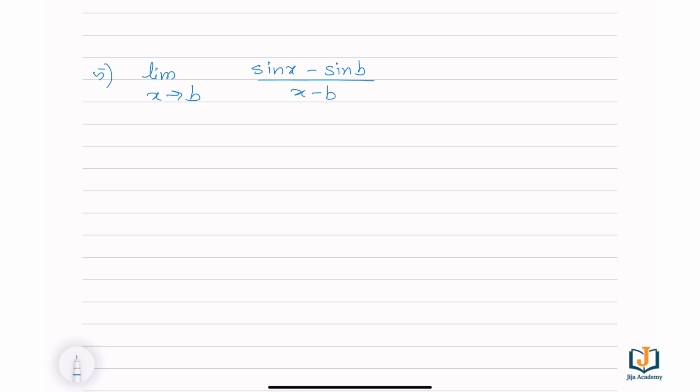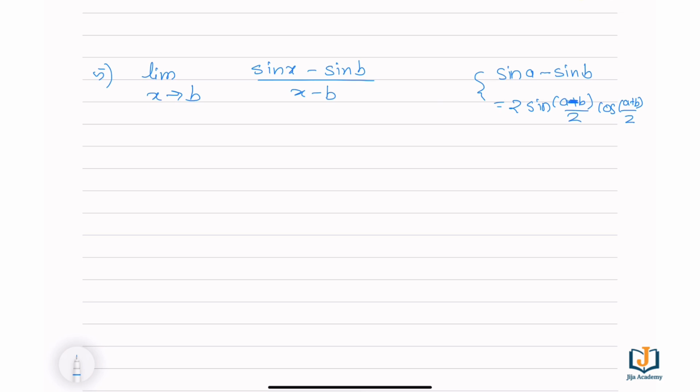We know the formula sin a minus sin b is equal to 2 sin of a minus b divided by 2 times cos of a plus b divided by 2.